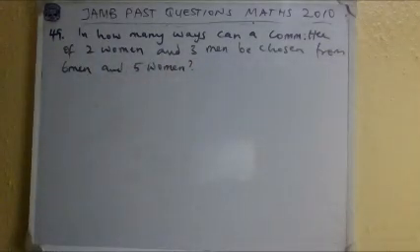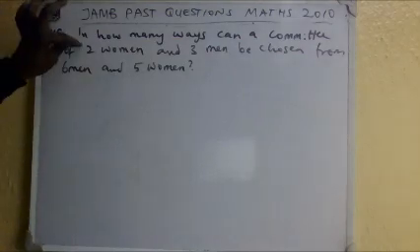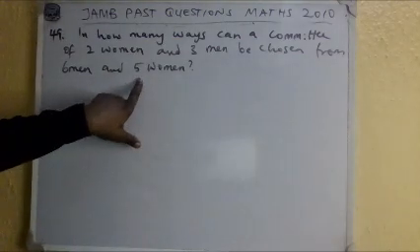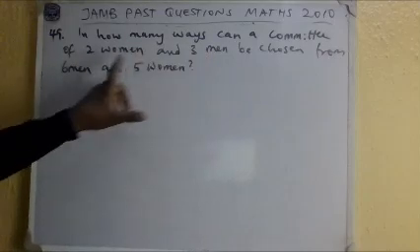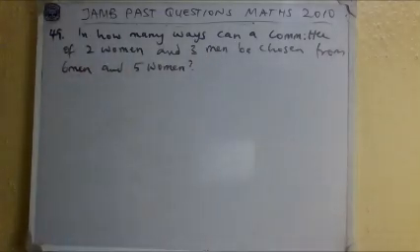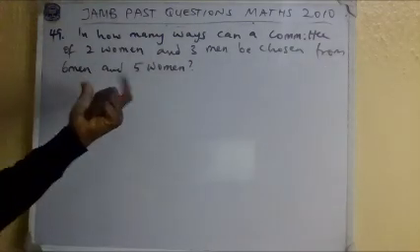So when you see something like this, you see committee, in how many ways? In how many ways can 2 women and 3 men? Mind you, 2 women from how many possible women? 5 women. 3 men from how many possible men? 6 men. When you do combination and permutation, this is purely combination. You are combining 2 possibilities.